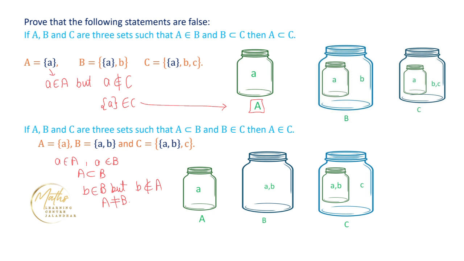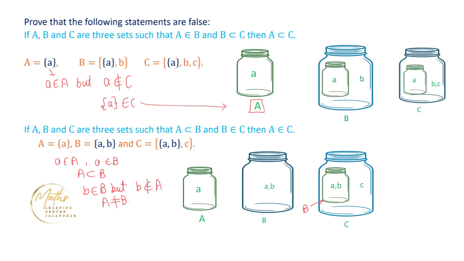This jar is representing the set B. Now, if A belongs to C, it means this jar should be present over here in this set C. Then this statement would have been true, but this jar is not present over here.